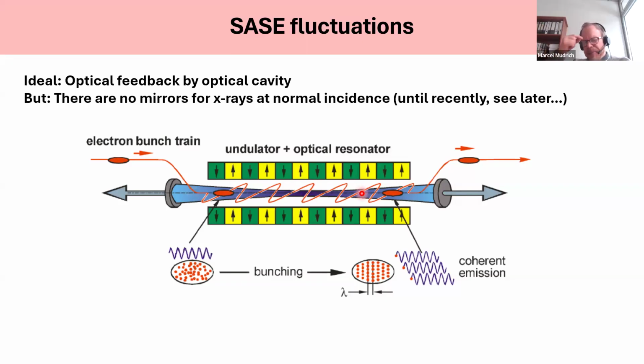And if you remember the introduction into the FEL topic, it is actually possible to build free electron lasers in this way. Only it's not possible to build lasers in the X-ray regime, because in the X-ray regime, usually there are no mirrors to build a cavity around the undulator that acts as a gain medium. It only works in the infrared and in the terahertz range.